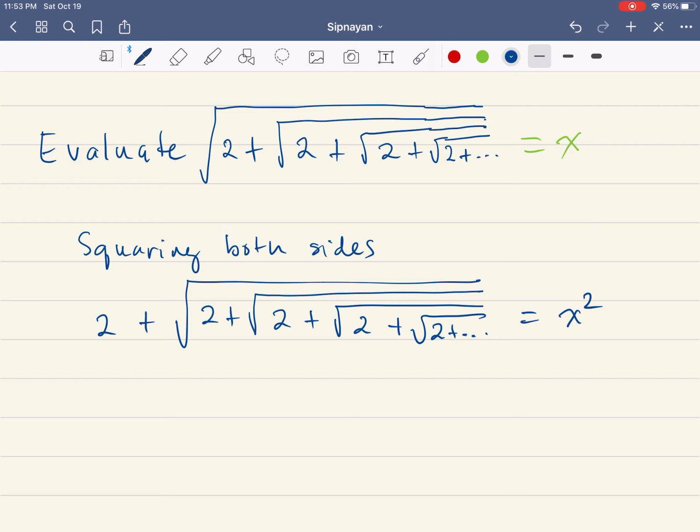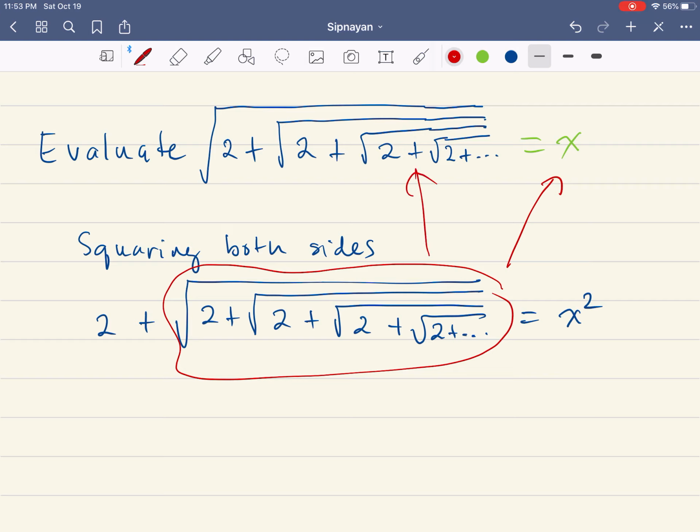But notice that this part, no? This part is actually equal to x. Kasi ito yan, di ba? Pareho lang yan. So, ibig sabihin, 2 plus x. Itong part na to is just x, which is equal to x squared.